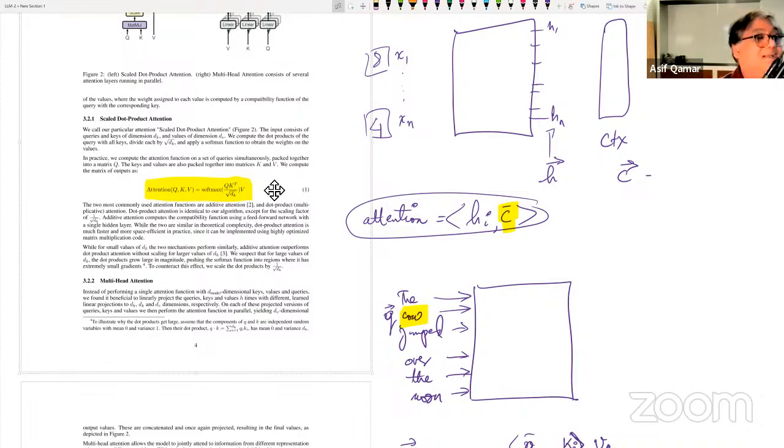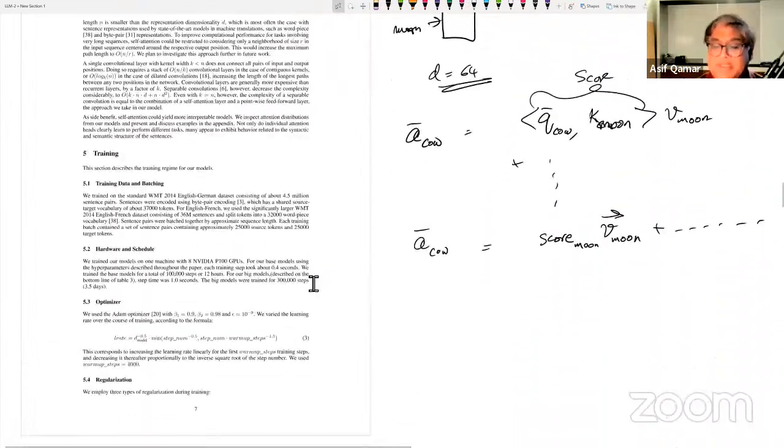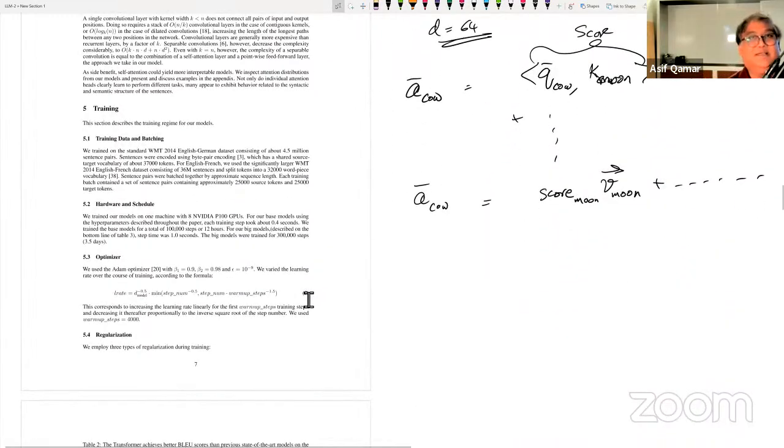See, softmax comes from the fact that when you do the scores, you want all the scores to add up to 1. You say that, okay, 80% here, 16% there, 4% here, and so forth. So when you get a bunch of these scores, to normalize them such that they all add up to 1, the easy trick for any bunch of numbers is softmax. So this is a digression into softmax.